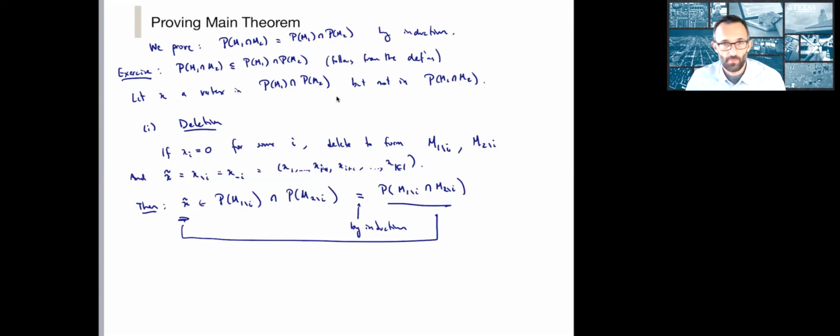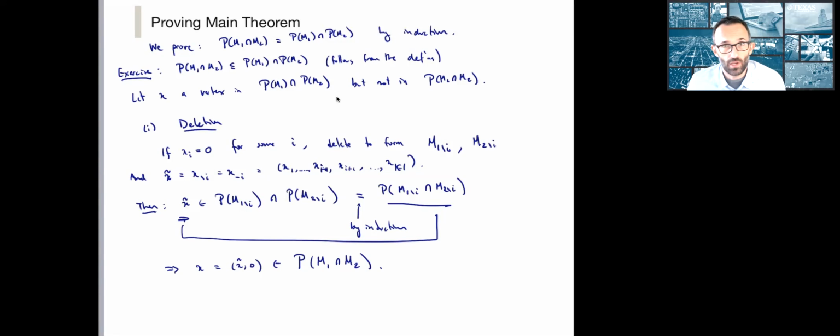But then just by appending 0, we immediately see that x, which is just x tilde with 0 in the ith place, is also equal to that same convex combination of independent sets, but now viewed as independent sets in the larger matroid, none of which happen to take that ith element. So in other words, we've got that, which is what we wanted to show.